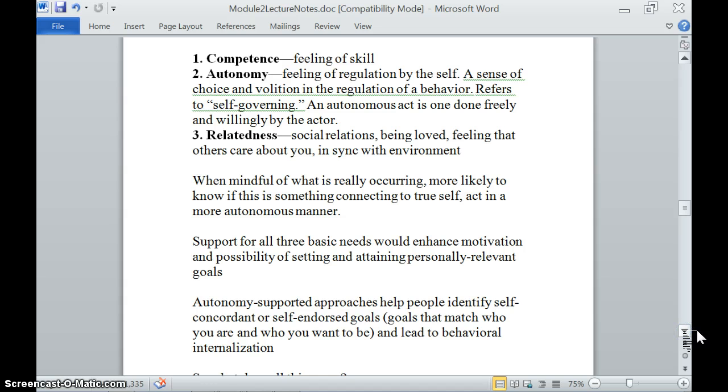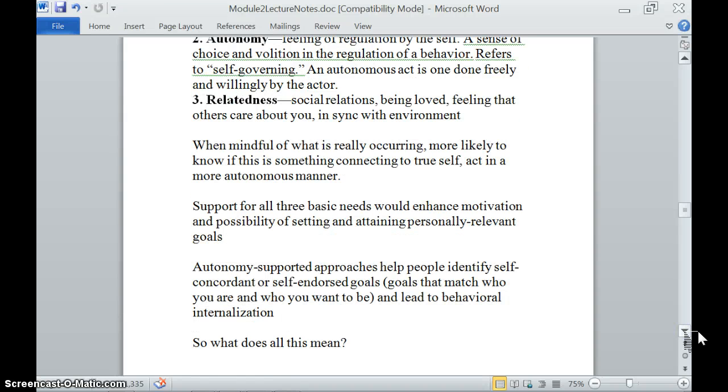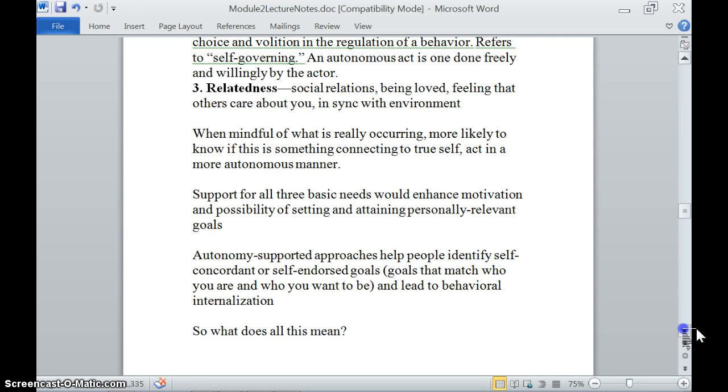I would argue probably a lot, but at least some kind of competence, autonomy, relatedness feeling that they get when they do a health behavior, and they're likely going to do it more if that occurs. So support for all three basic needs would enhance motivation and possibly the setting and attaining of personally relevant goals. The more intrinsically motivated you are, the more likely it is you're going to set goals that connect to who you want to be, and you're more likely to do those behaviors.